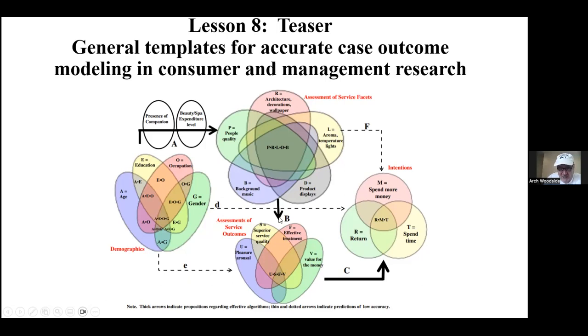Section B of this graph, and then on the left are some demographics. And typically, when people do studies in consumer research, they forget about including the demographics in modeling. I think that's a big mistake.